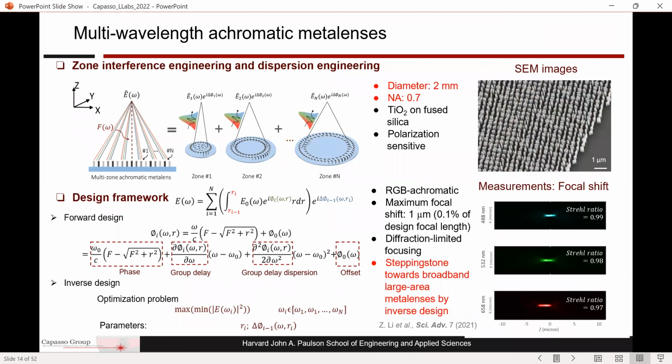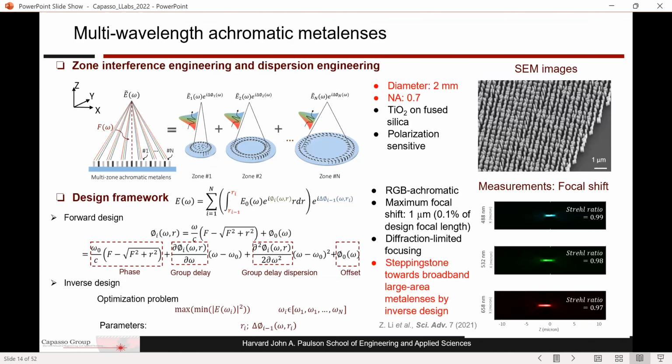Now I'm going to switch more to the research. In research, we have been using a platform for visible light based on titanium dioxide. Titanium dioxide is almost completely transparent in the visible, and has a good refractive index around 2.5, so you can strongly confine light to it. Our goal has been to make achromatic lenses across the visible, but initially let's try to make an achromatic lens at the RGB colors.